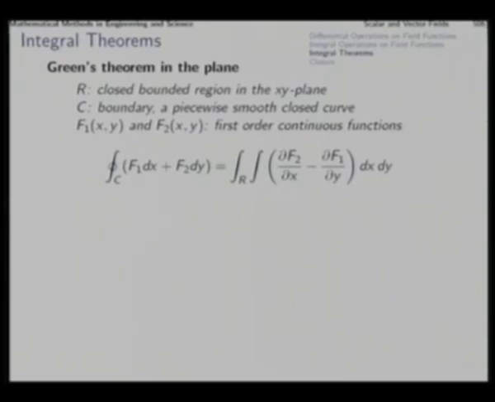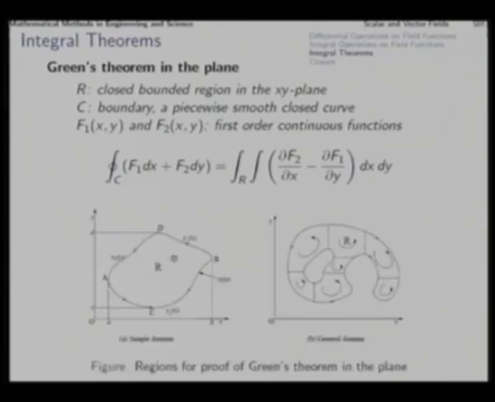Consider R as a closed bounded region in the xy plane like this. This region is R, bounded by a closed curve C. C is the boundary of R. This curve ACBD is the curve C. Now, f1 and f2 are two first order continuous functions. First order continuous means that f1 and f2 are continuous functions of x and y, and their first order derivatives are also continuous.